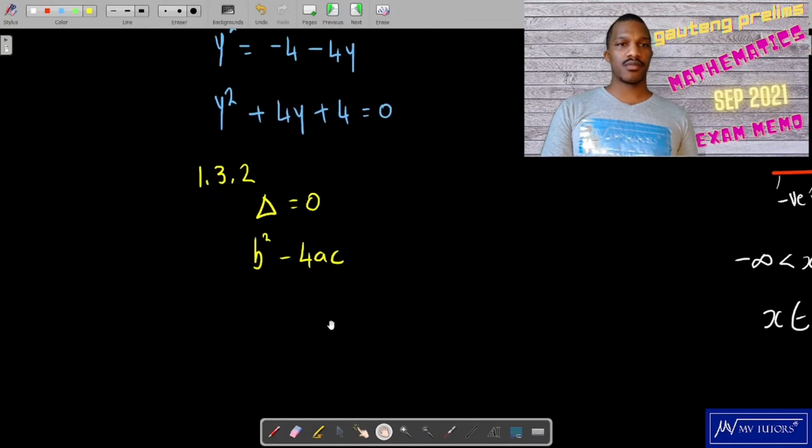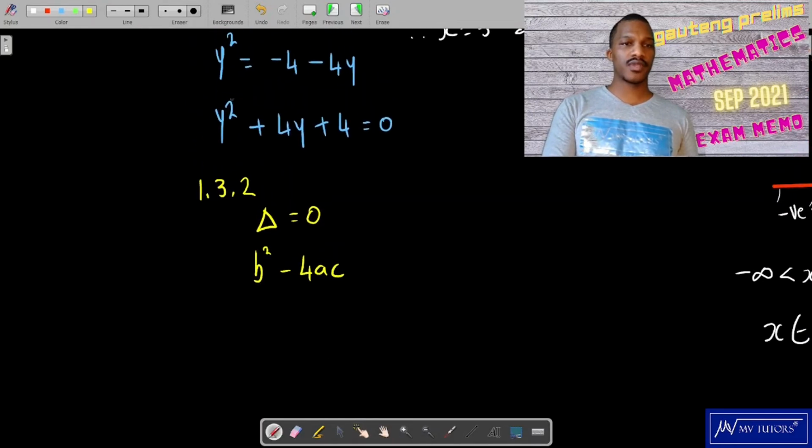So here that's going to be a, it's 1, that's b, that's c. So b is 4 squared minus 4 times a which is 1, and then c is 4. Let's solve what this is.